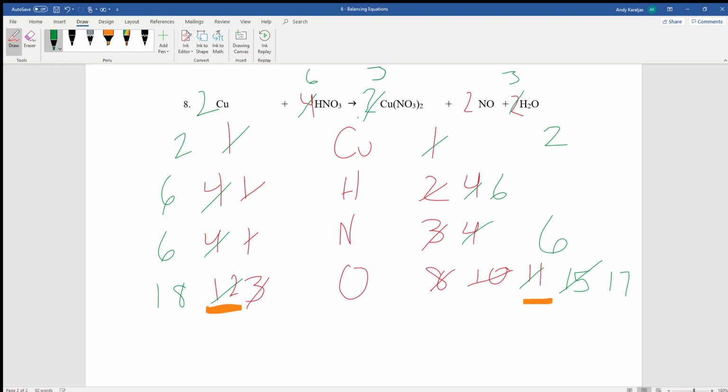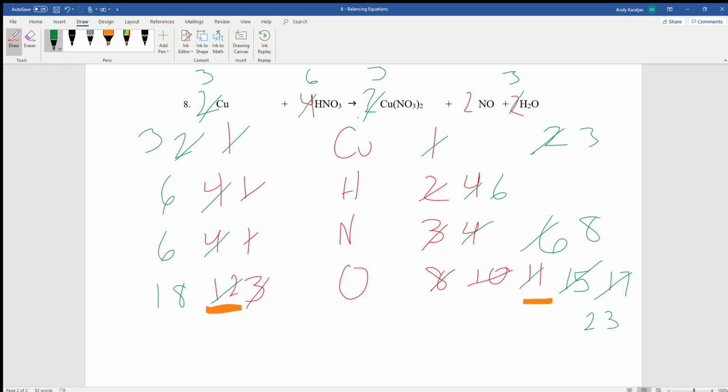Let's make this 3 and this 3. Now we know we still have 3 coppers on both sides. But now on the right side of the equation, we also have 8 nitrogens, 23 oxygens, and still 6 hydrogens.